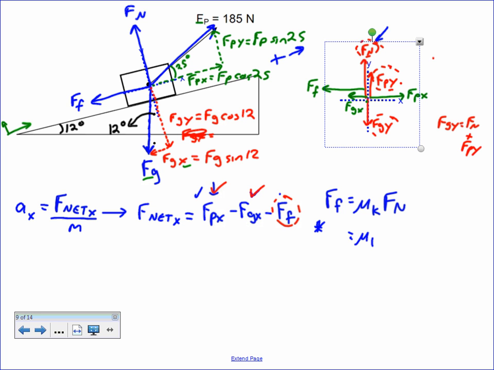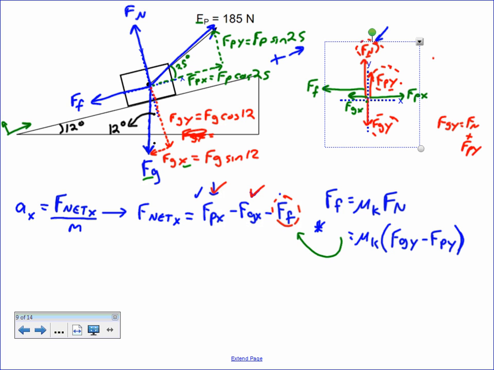So, equals mu k, which we know, times Fgy minus Fpy. And I'm going to plug this back algebraically. This is going to go over to here.